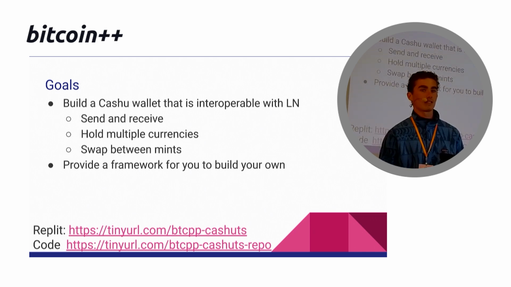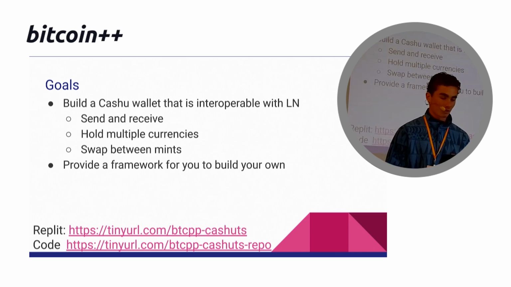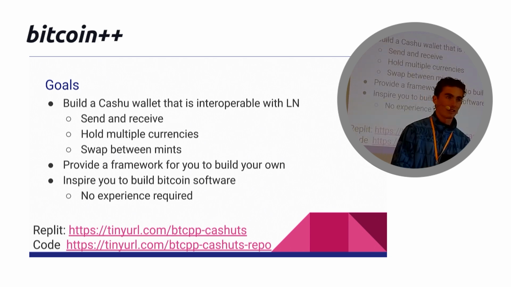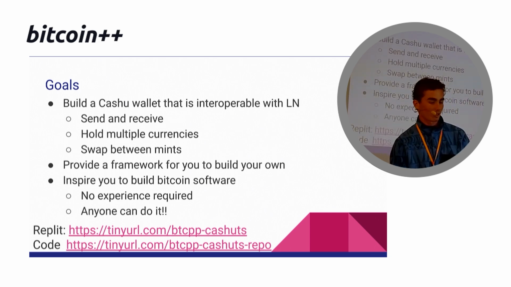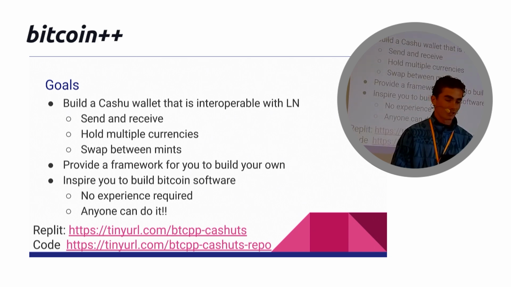Maybe you don't necessarily want to build a wallet like we're going to, where the single purpose is to be a wallet, but maybe you want to integrate Cashu into your app like Shopster has done, so that your users can have payments natively in the app without having to leave. And I'd like to inspire you to build some Bitcoin software. There's no experience required for this workshop. Anyone can do it. It might be hard, but especially if you take this home and ask your friendly neighborhood LLM for some help, I'm sure you can figure it out.